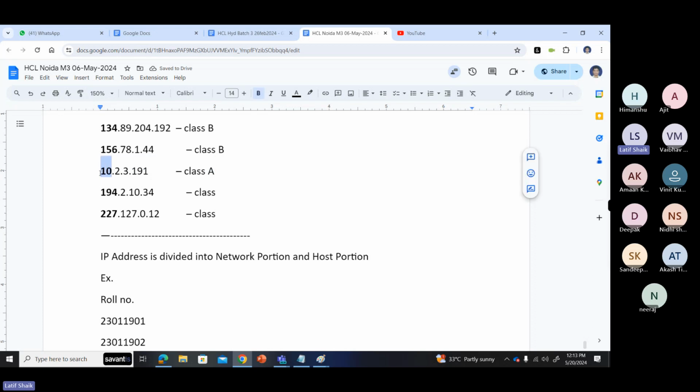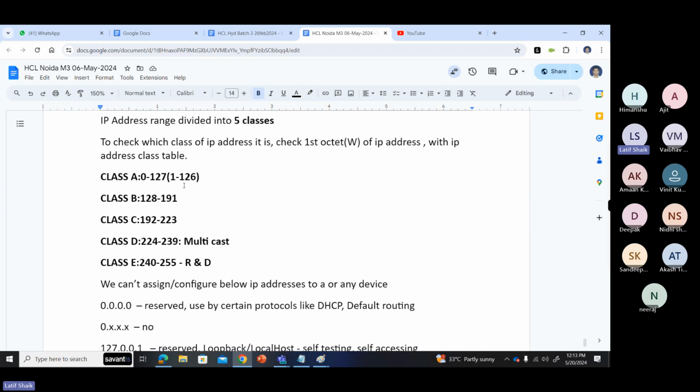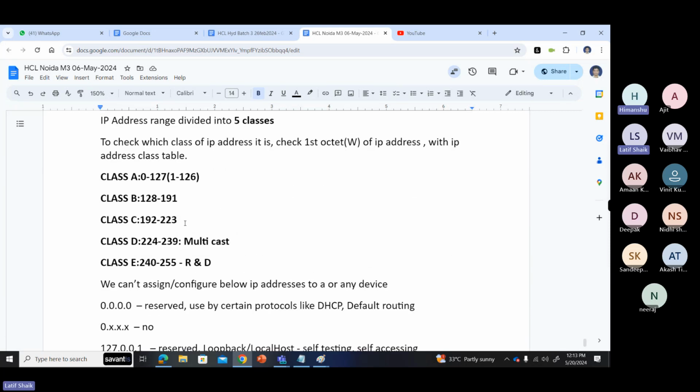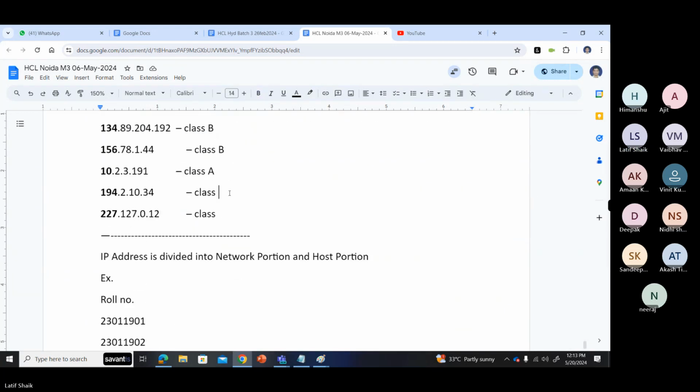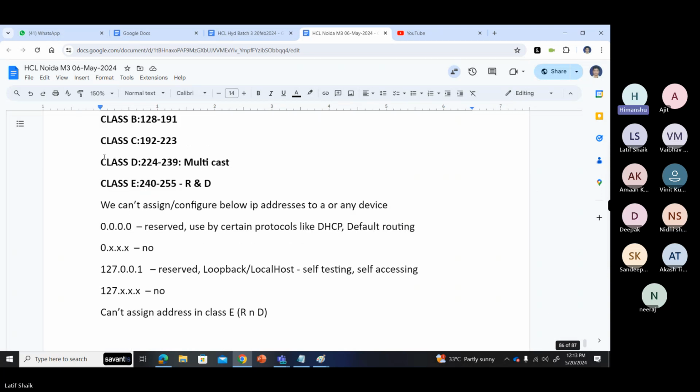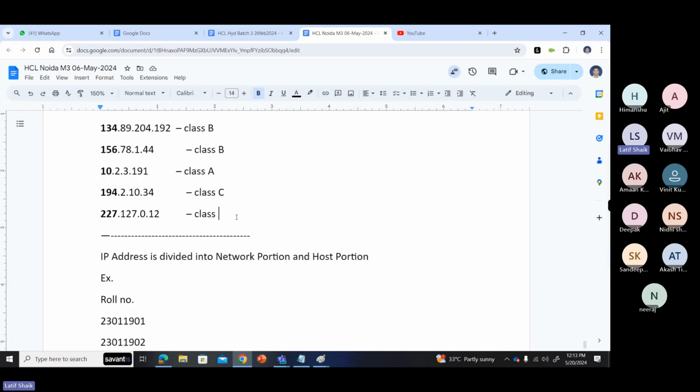You have to look at only the first octet and see 10. Next, 194.10.34. Look at the first octet, 194. Very good. Class C. 227. Class D. Very good. Like this, you should identify which class an IP address is.